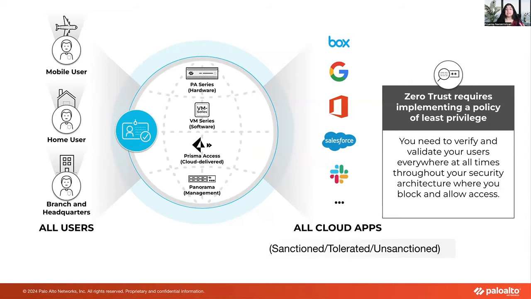Cyber attacks are increasingly leveraging compromised insider credentials or exploiting vulnerabilities to move laterally within the network once inside. This means that even if a threat breaches the perimeter, it should not automatically be trusted to access sensitive resources or data.